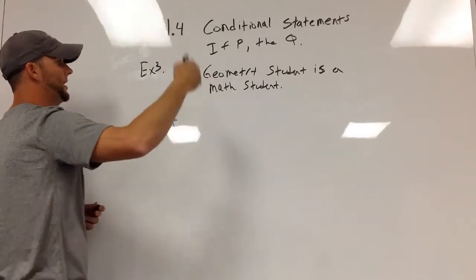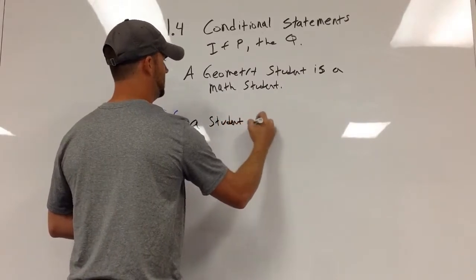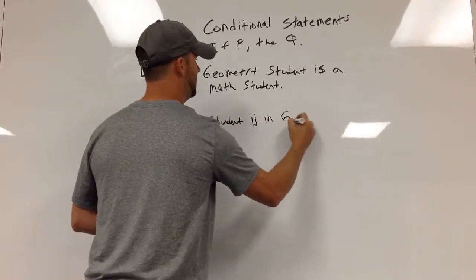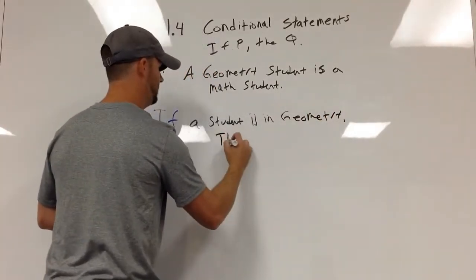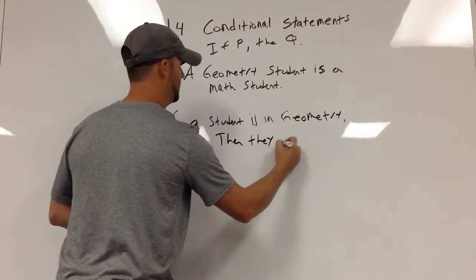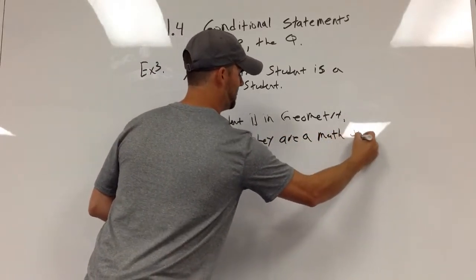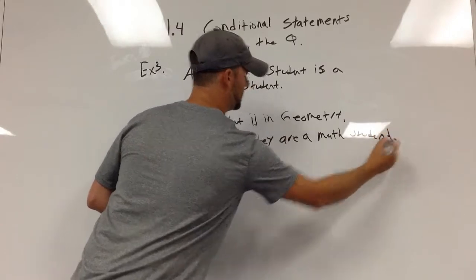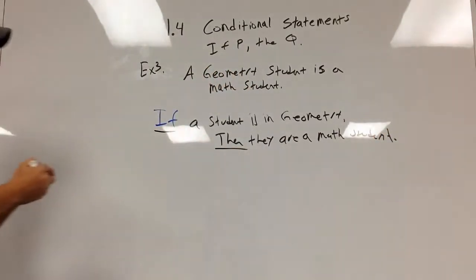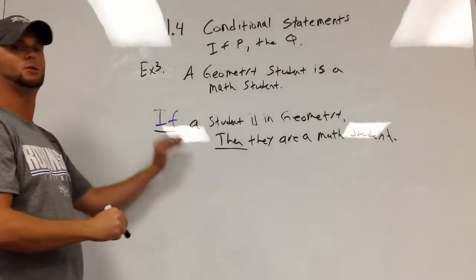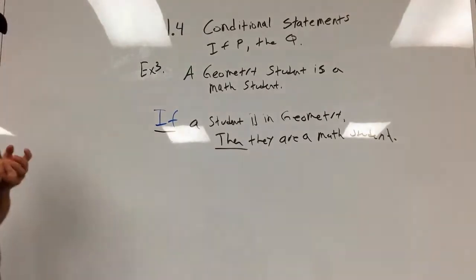If a student is in geometry, then they are a math student. So if you look right here, I've just made an if-then statement. I've changed this statement into a conditional by adding if and then. You're going to put that down in your notes on your paper.